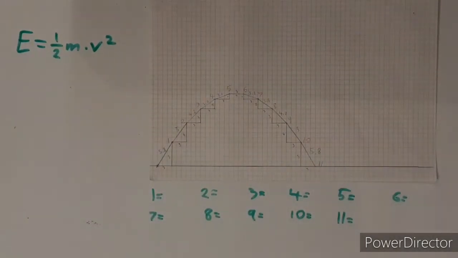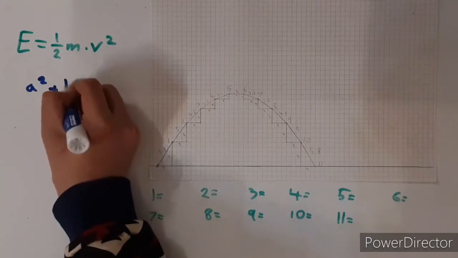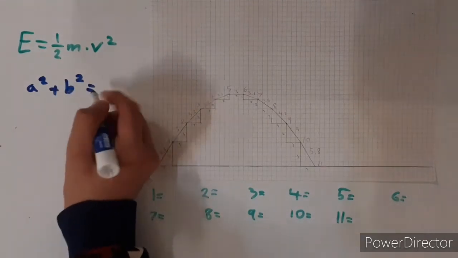To calculate kinetic energy, we will need to know true velocity, and in the previous video, we only used vertical and horizontal velocity. The way we can calculate true velocity from the horizontal and vertical velocity is by using a squared plus b squared equals c squared.